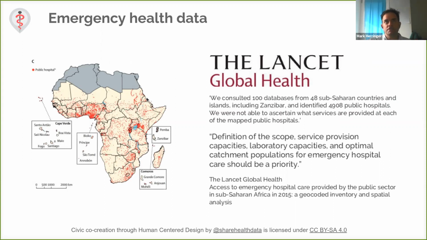Our focus on emergency health data has come as a result of collaboration with the Kemri Wellcome Trust, who a couple of years back published a database of health facilities in collaboration with WHO, where they said, look, we've developed this database, and within the database, we've got in the region of 5,000 public hospitals, but we can't tell you what the definition of the services in those hospitals are, and that should be the priority.